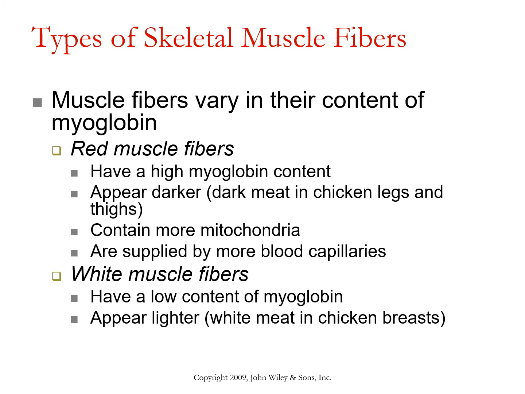Okay, so white muscle fibers are better adapted for short bursts of energy, of short duration, while red muscle fibers are abundant in areas of more long-term endurance type activities.